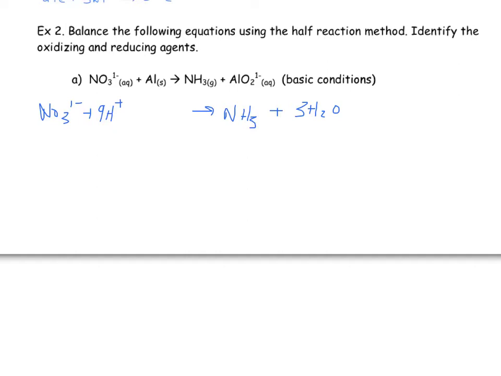These are under basic conditions, so to neutralize the acid, I need to add 9 OH's onto both sides. My hydrogen ions and hydroxides will create 9 waters. However, I have 3 spectating.